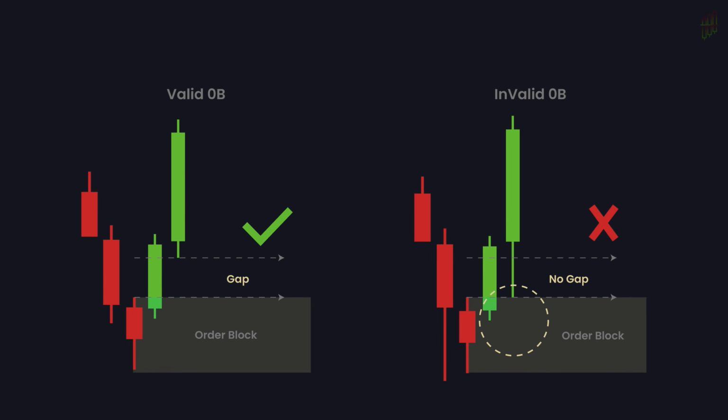One of the reasons order blocks are so powerful is that they are directly tied to market inefficiency. To understand this, consider what happens when institutions execute large orders. Because of the size of their trades, they create a significant imbalance between buyers and sellers, which manifests as sudden price movement, what we call inefficiency.